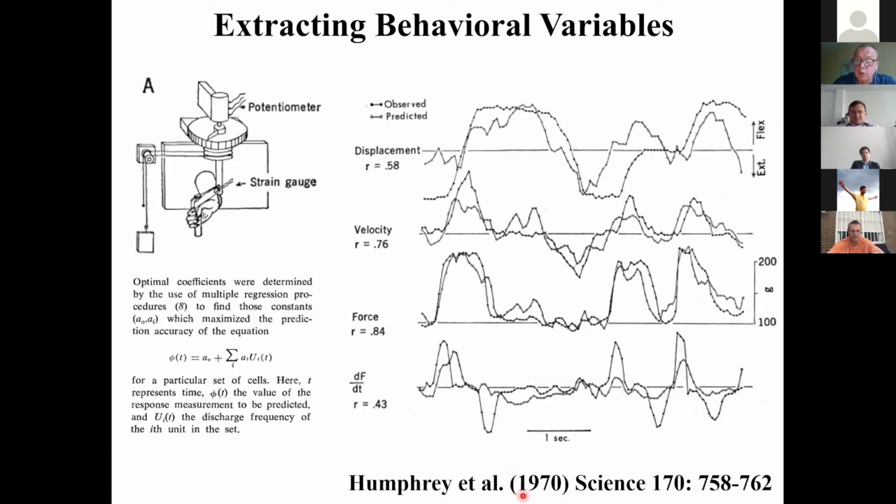So early work dates back to something like the 1970s. Humphrey et al. recorded maybe 5 to 10 cells simultaneously, and then they used a linear regression algorithm to predict wrist movements from neuronal activity. So this was probably one of the first uses of linear regression and simultaneous recordings of many neurons.